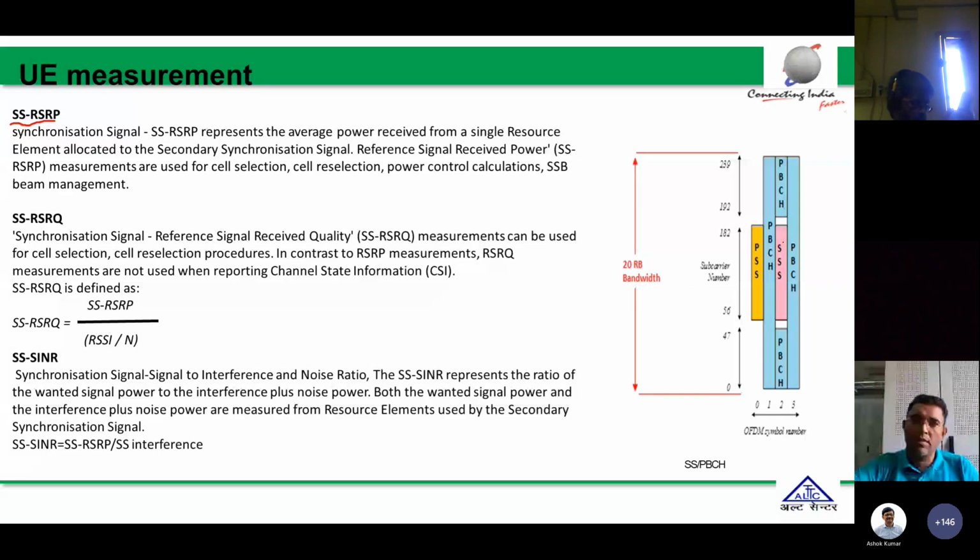So this SS-RSRP is a measurement of the average power received by a UE from the secondary synchronization signal only. It is the average power per resource element.